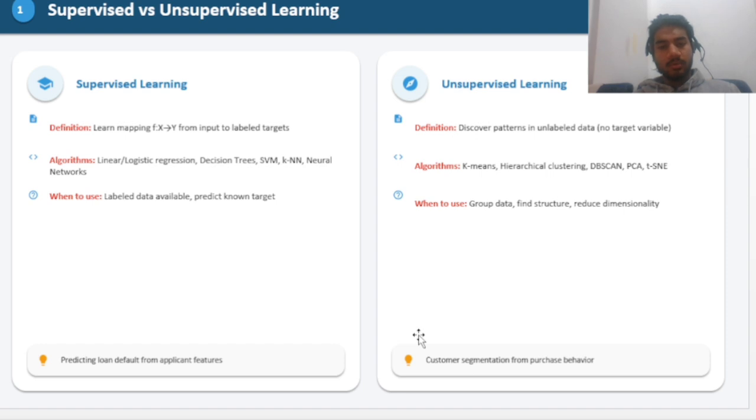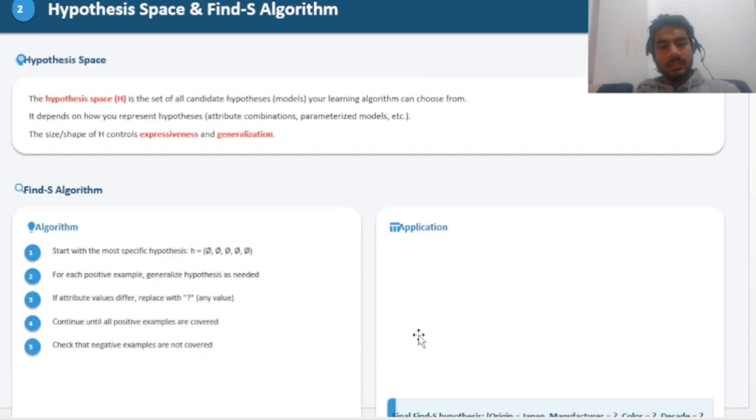Now let's talk about question number 2, which is the hypothesis space and the Find-S algorithm. First, let's talk about hypothesis space. This is the set of all possible hypotheses that a learning algorithm can choose from. Think of it as all the possible rules or models your algorithm might consider.